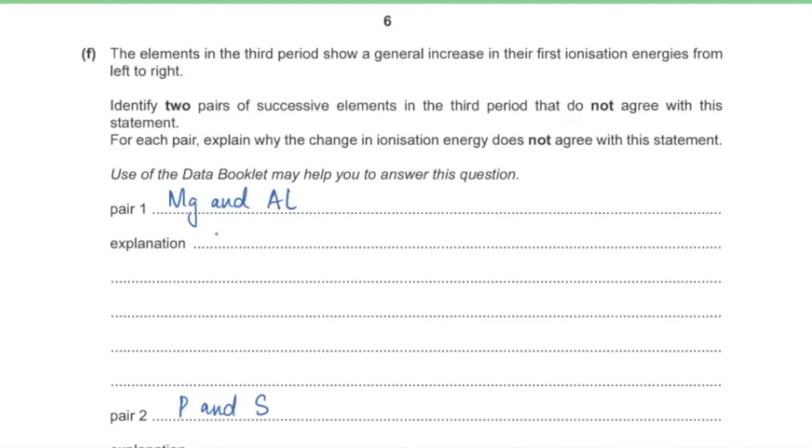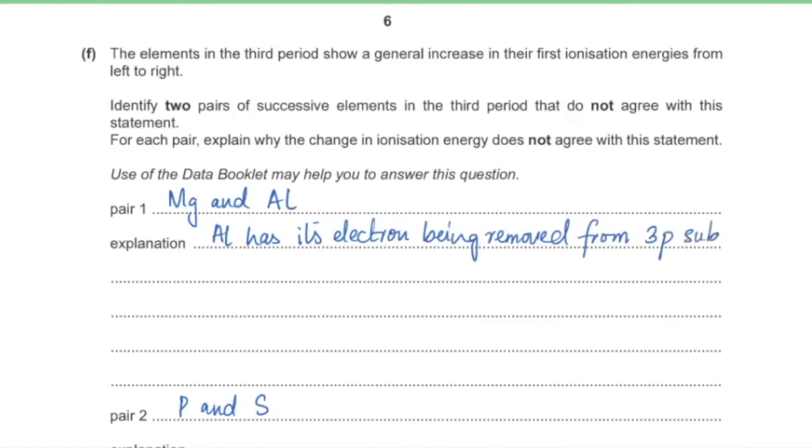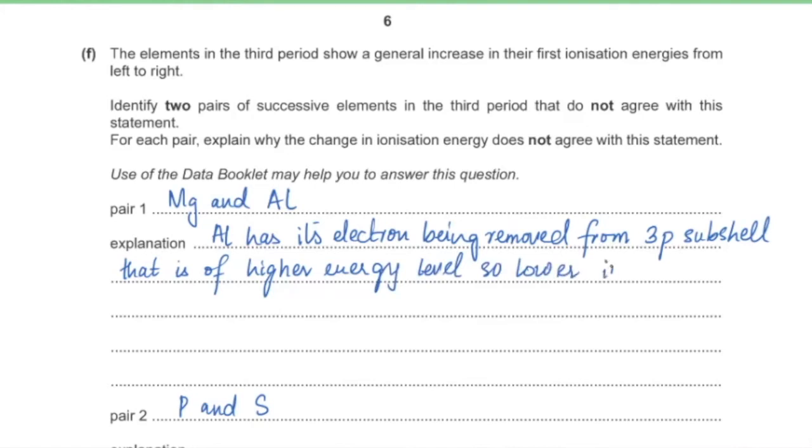So we can write that aluminium has its electron being removed from 3p subshell, that is of higher energy level. So lower ionization energy.